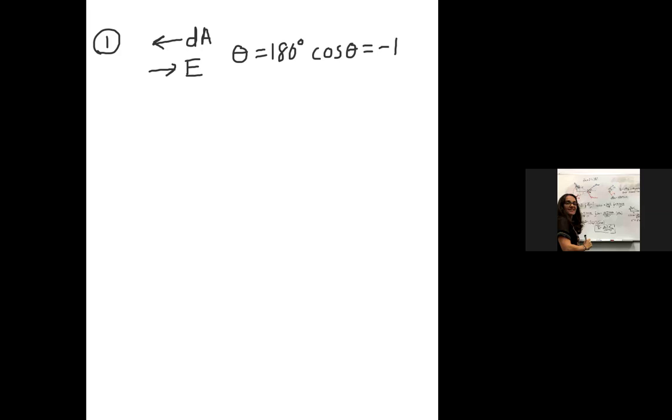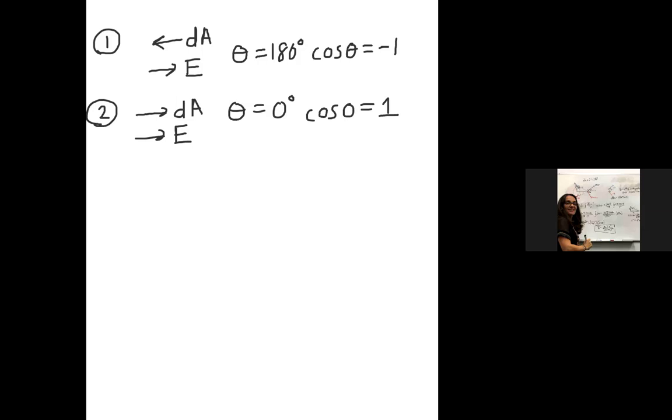What about face 2? Face 2 had our dA element pointing that way. The E field isn't going to change, it points that way. So theta is equal to 0, not 90. Theta is equal to 0 degrees, and cos of 0 equals +1.